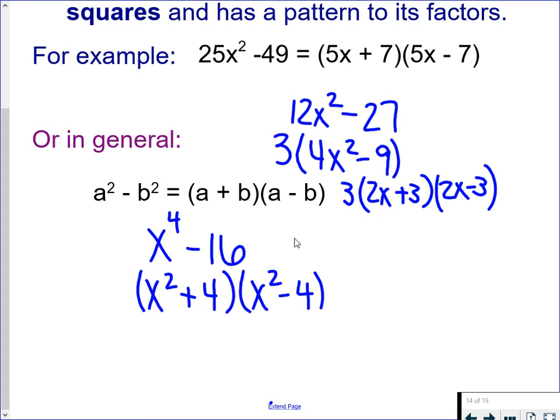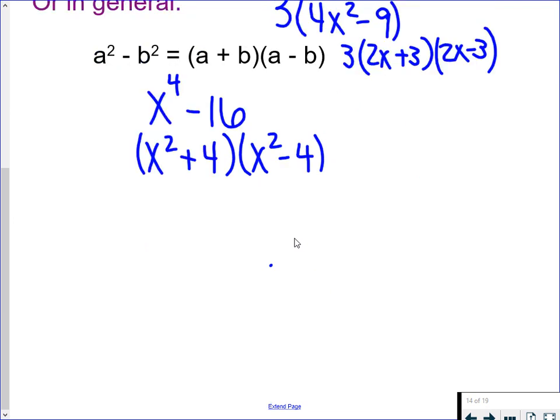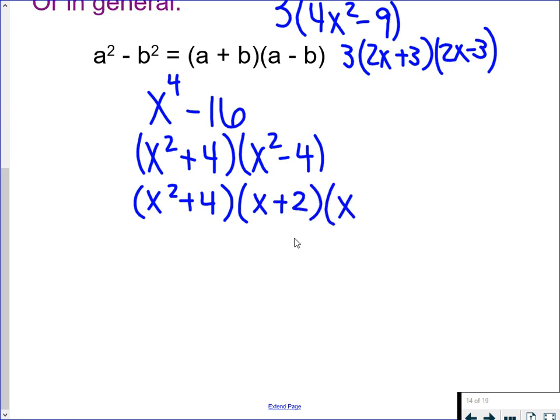No, why? Do I do it to both of them? Only the difference. So this one would stay the same, and this one would become x plus 2 and x minus 2. When they want you to factor completely, they mean it. Okay? They want you to take it down as far as it can go.